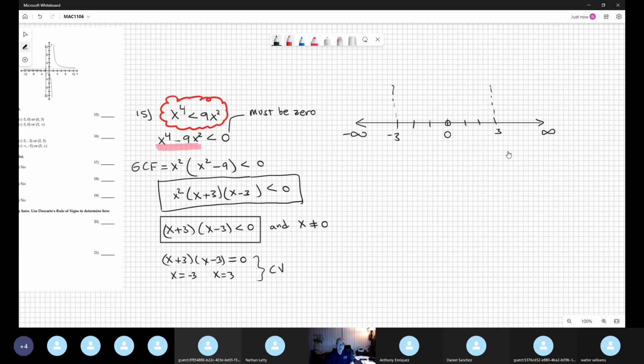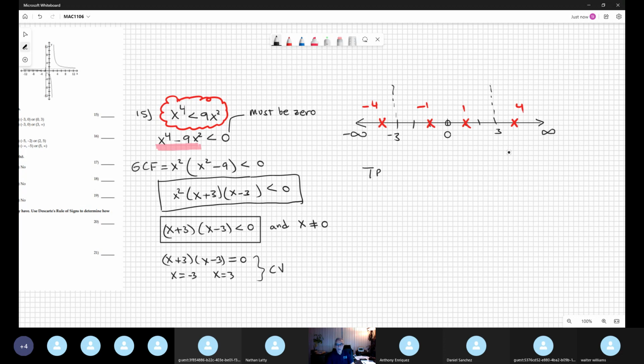And you use testing points: -4 is okay, -1 is okay, +1 is okay, and +4 is okay. The testing points you select were -4, -1, +1, and 4, or 5, or 6. The order is not important.